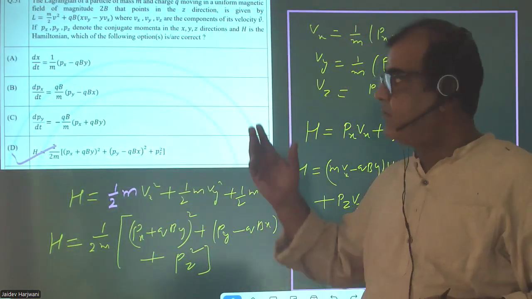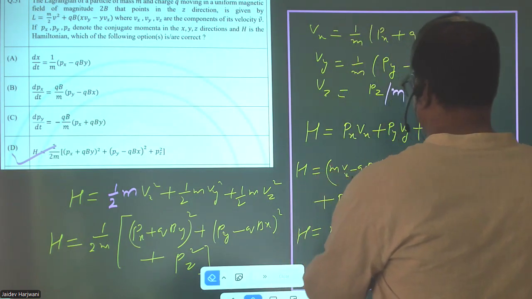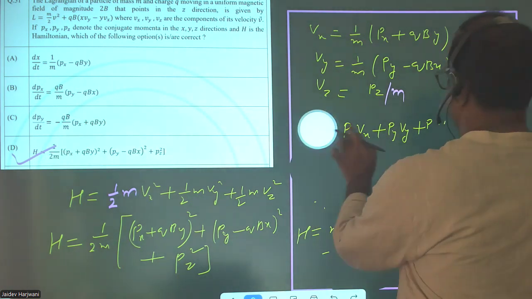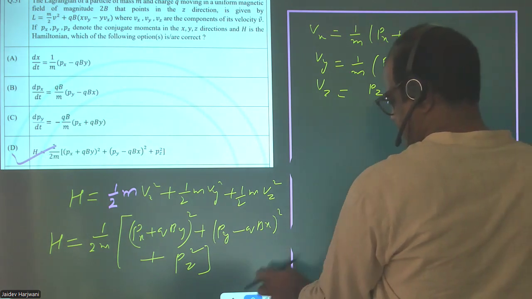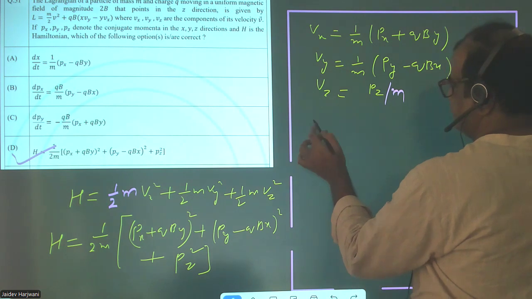Now let us check whether the other options are matching or not. So we have to now solve the other options. First option is dx by dt, that is x dot.